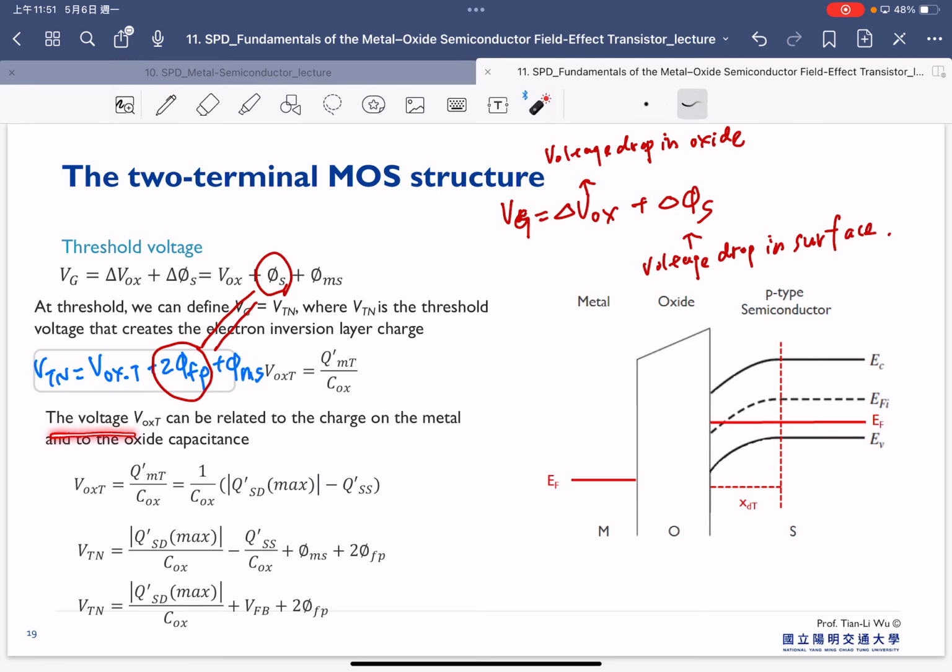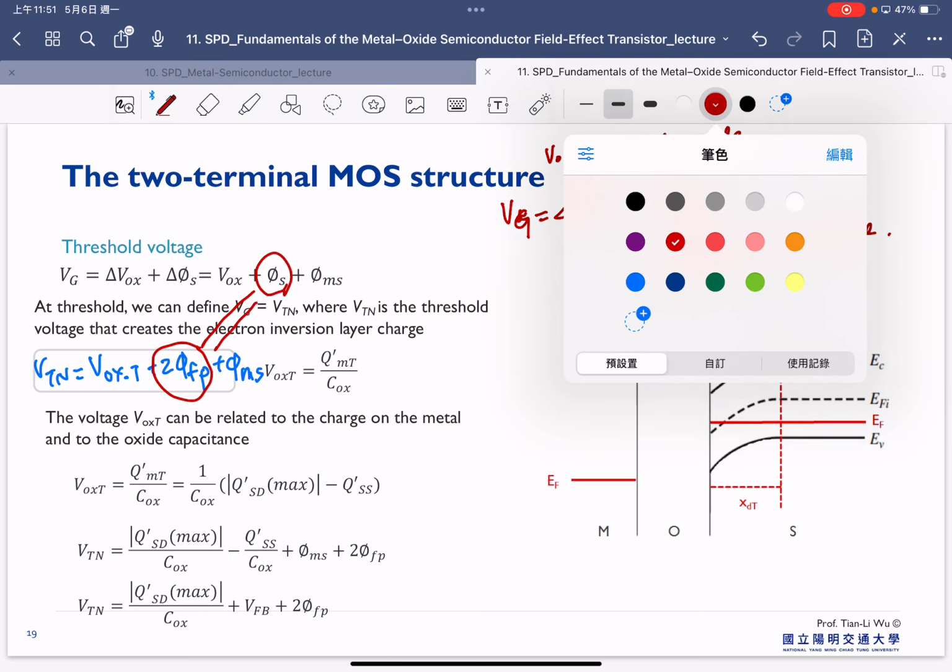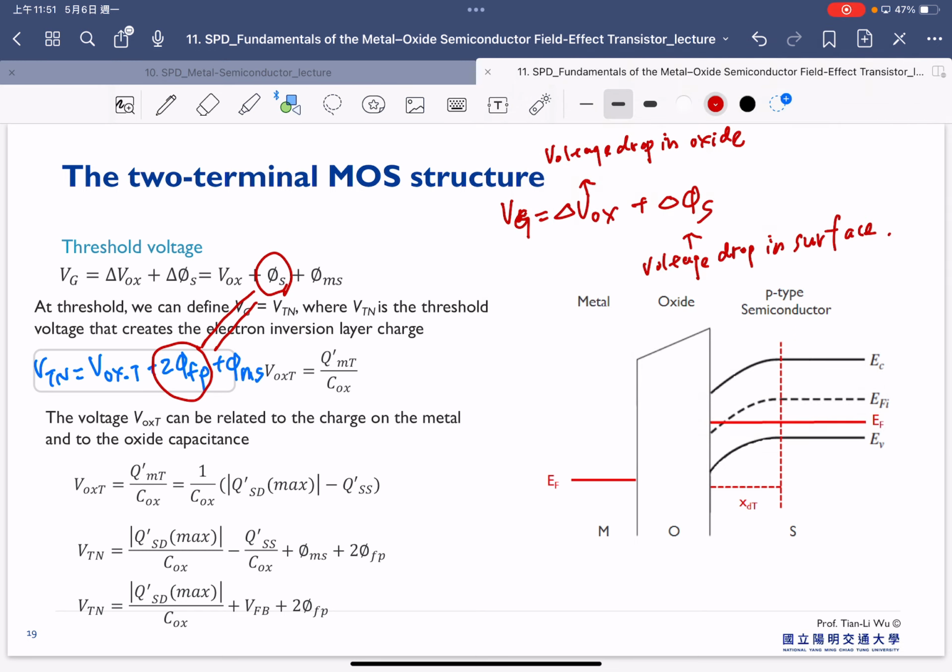The threshold voltage VTN can be related to the charge on the metal and the oxide capacitance, so the VTN can also be considered by here. And finally, we have this equation, where this one is exactly equal to the flat band voltage here.